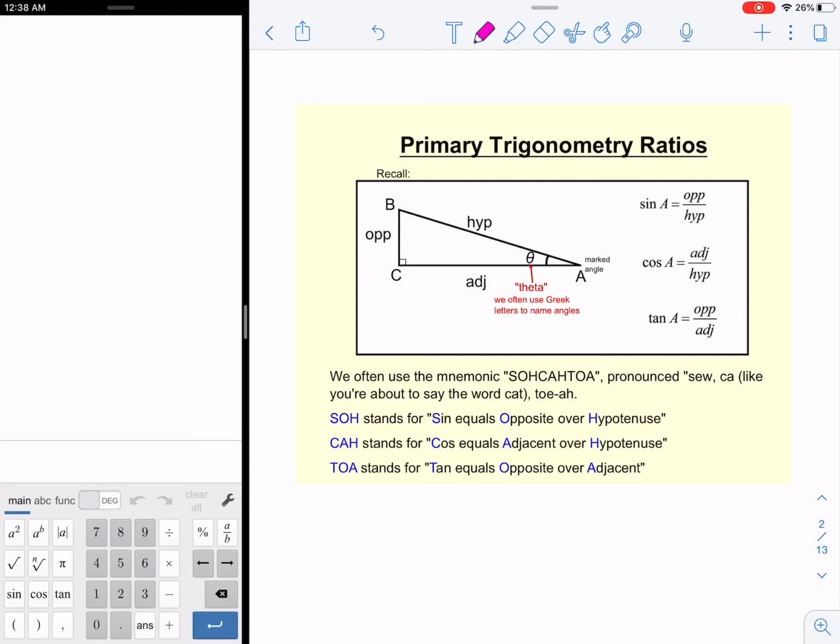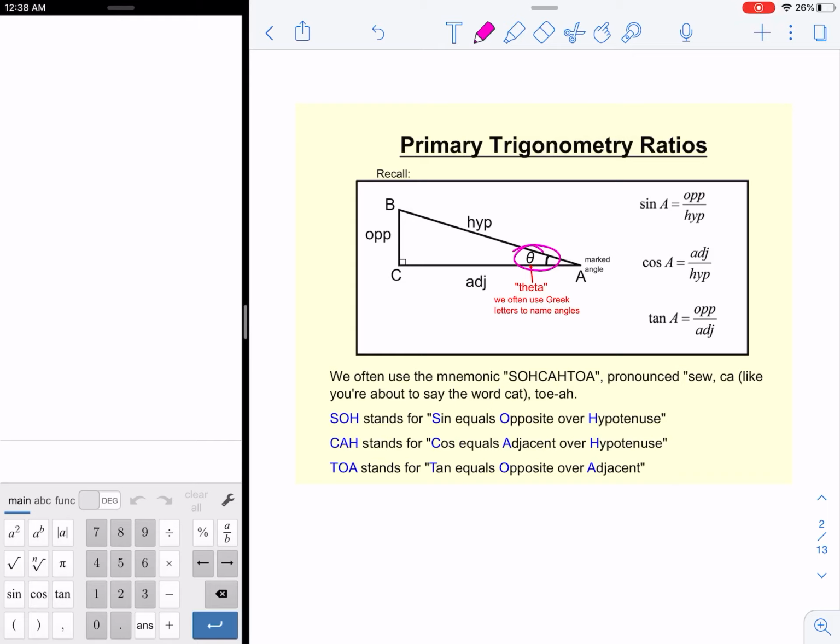If you recall from before the break, we have what's called a reference angle. This is either the angle that you're looking for, or it could be the angle that you know. Whichever it is, it's still the reference angle.